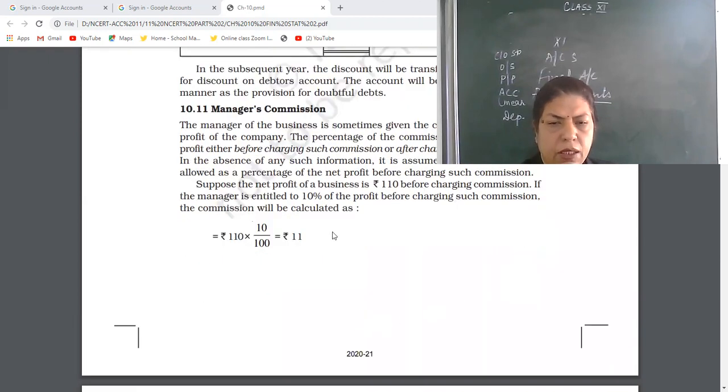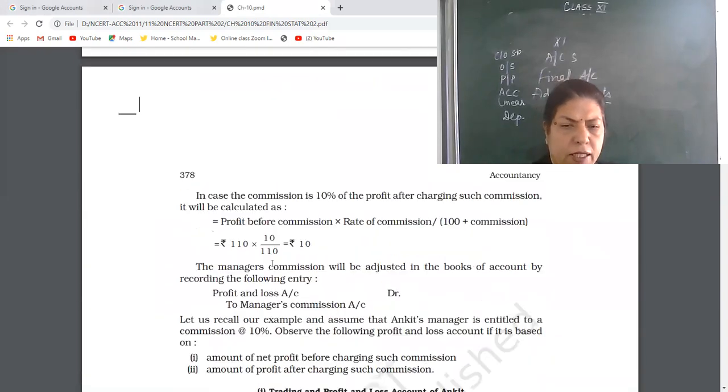If it is before charging, you will write rate upon 100. If it is after charging, then the formula will be different: rate upon 100 plus rate.